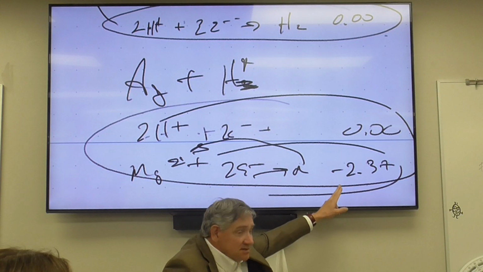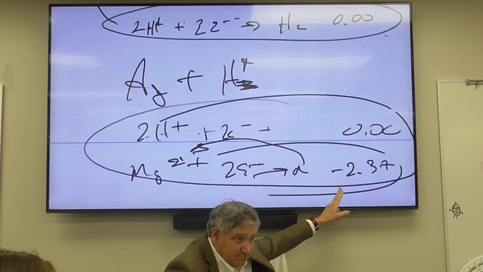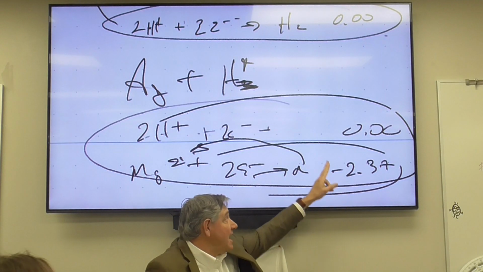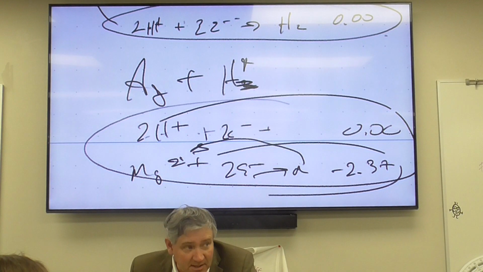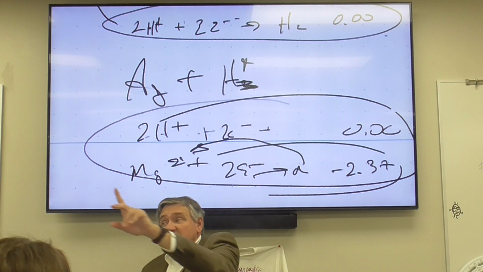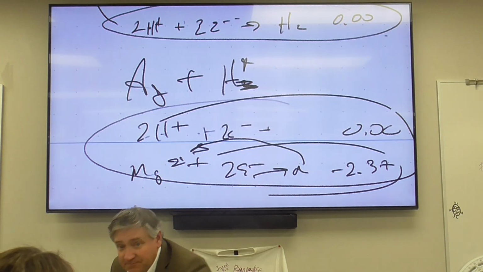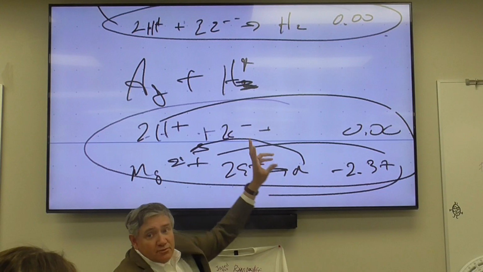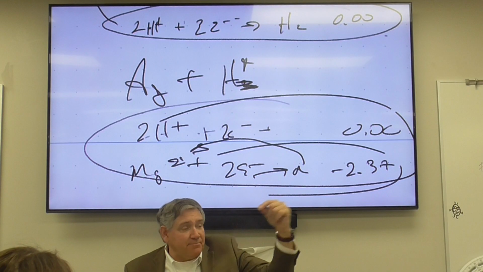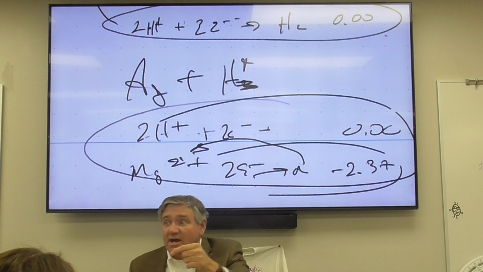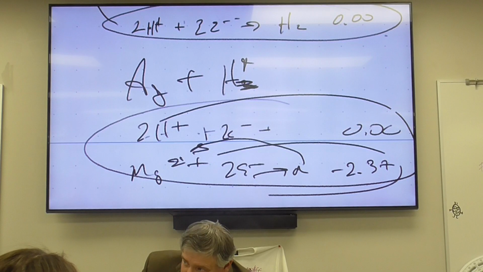Now check my math. If I take a positive 2.37, because now it's positive, and add that to 0, do I get a positive number? Yes. So those of you that are math nerds, if you add together the reduction potentials and you get a positive number, that means the reaction is spontaneous and it's going to take place.